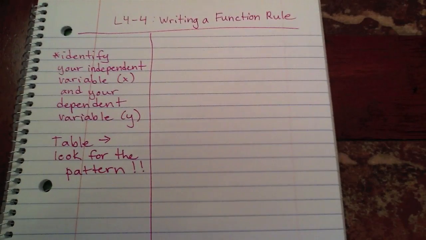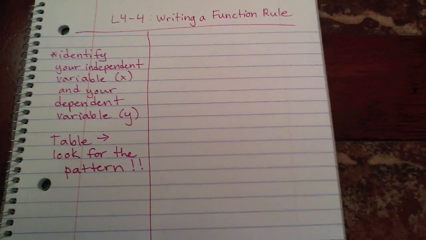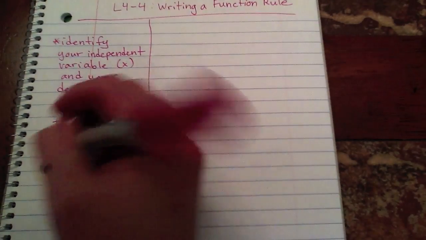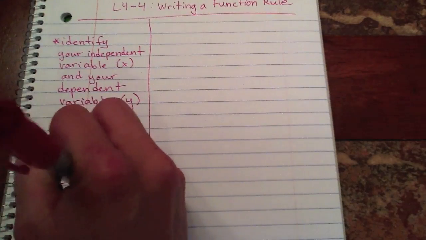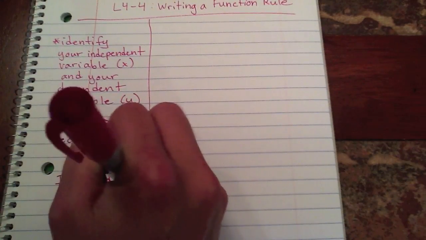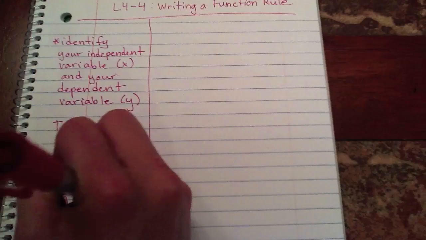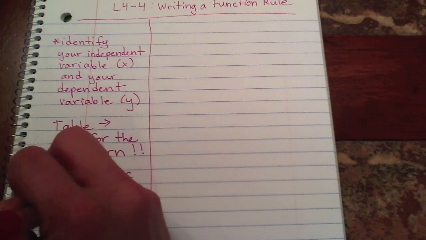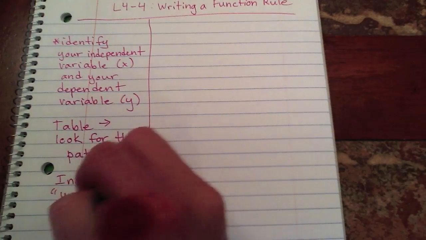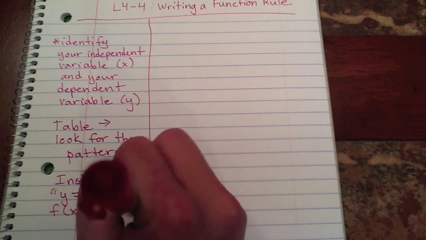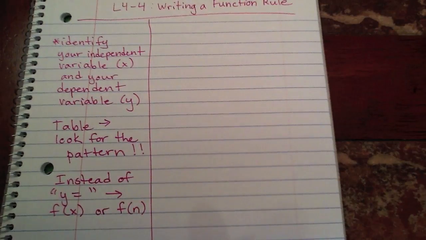Other times they're a little more difficult and you kind of have to play around with them a little bit to try to figure it out. And then when you go to set these up, instead of using y equals, what I want you to use is f of x or f of n or f of something, some kind of number showing as a function instead of y equals.